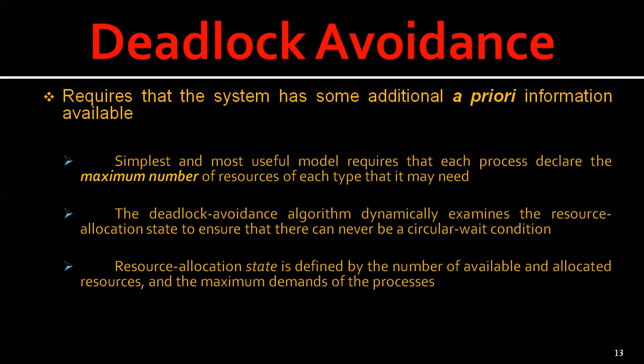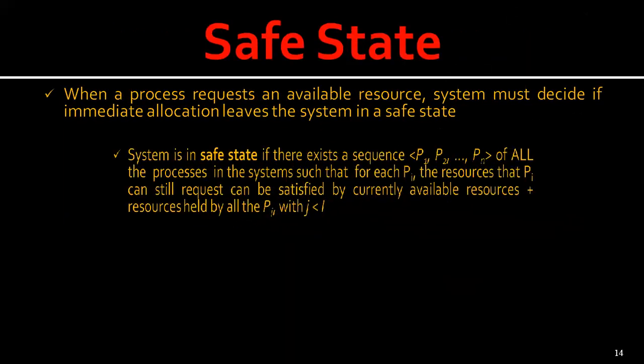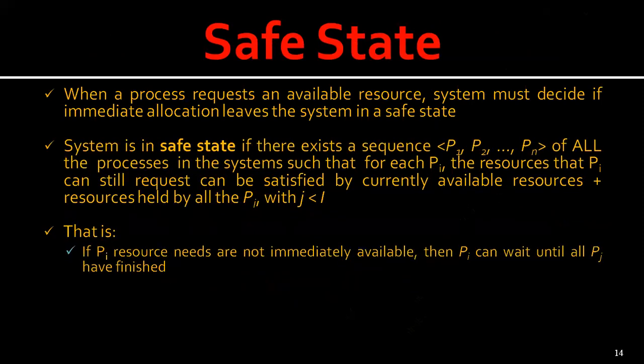And these resource allocation states are defined by the number of available and allocated resources and the maximum demand of that particular process. So here we have to know what is a safe state.